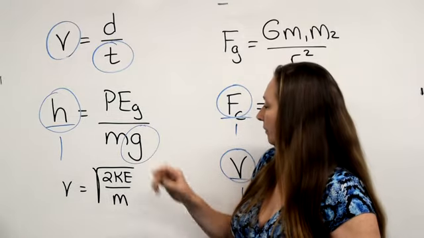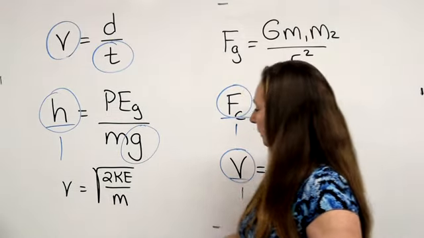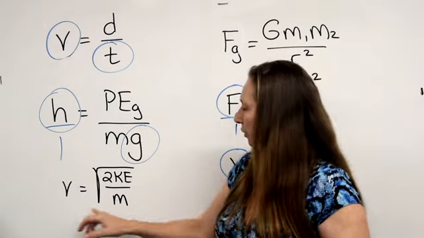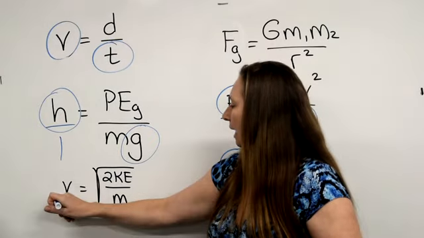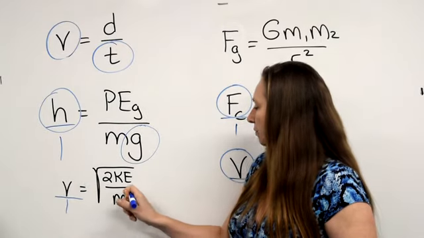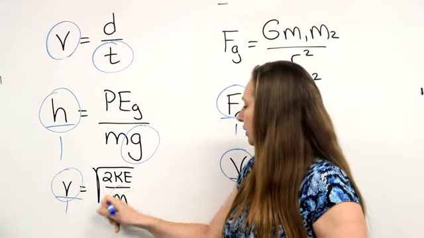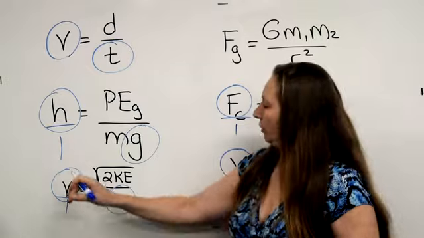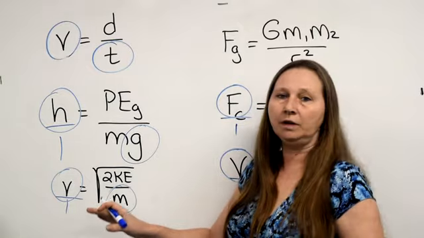Now, just very briefly here, you've got the speed here over 1, you've got the speed in the numerator, you've got the mass here in the denominator, so it is sort of an inverse relationship.